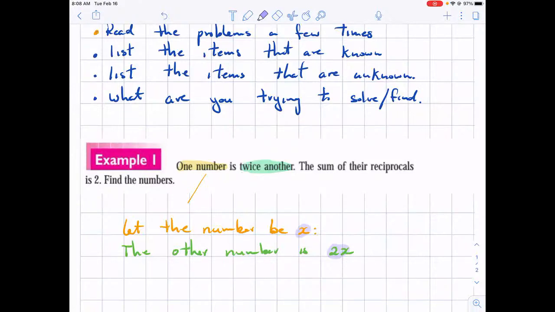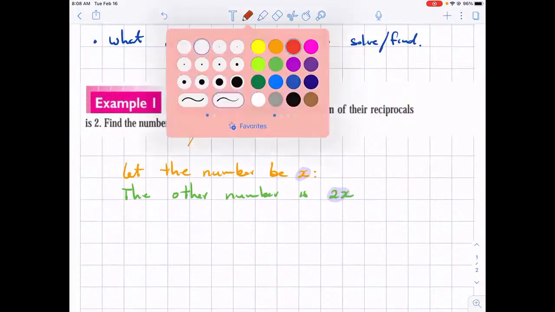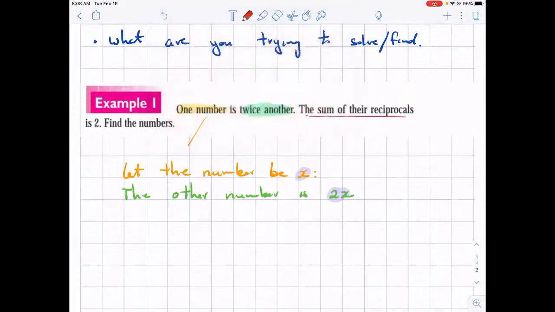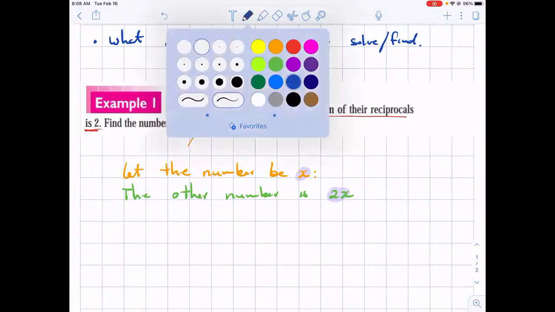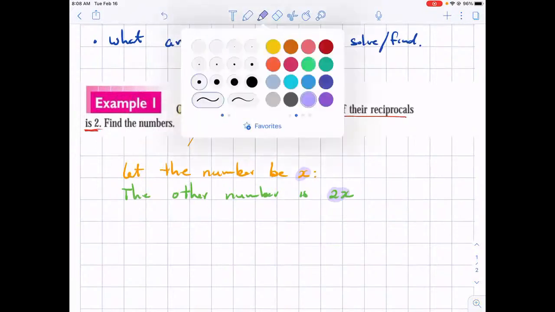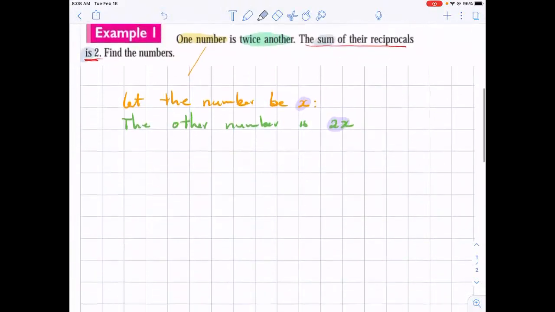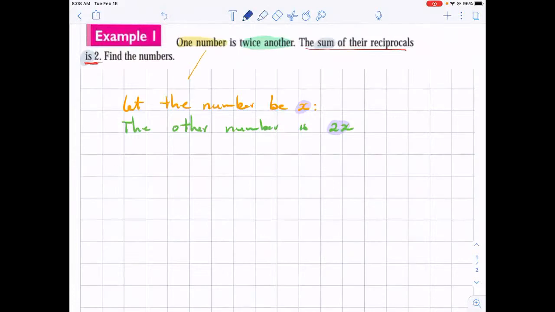Now, the sum of their reciprocals is 2. Now remember, "is" implies equal, right? And we're talking about the sum. So the sum of their reciprocals, meaning when I'm adding these two things, is going to be equal to 2.